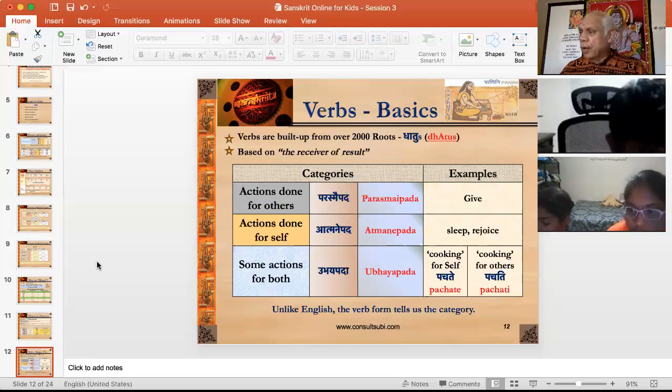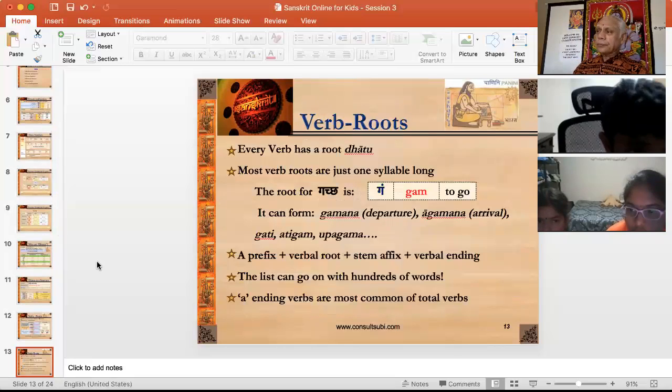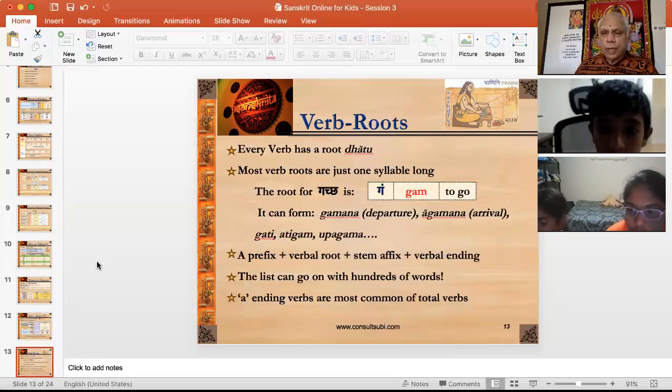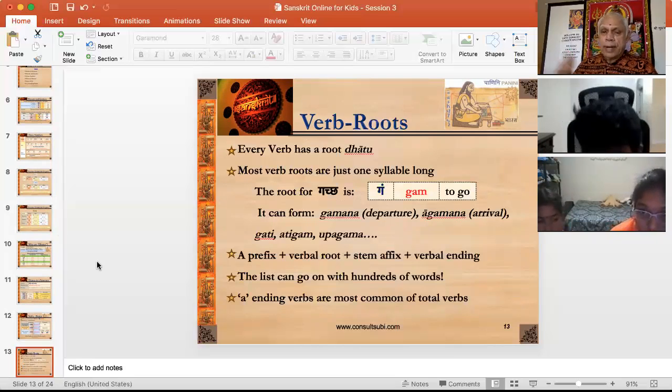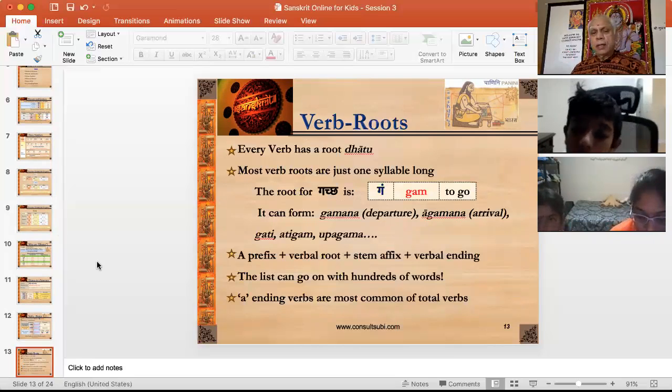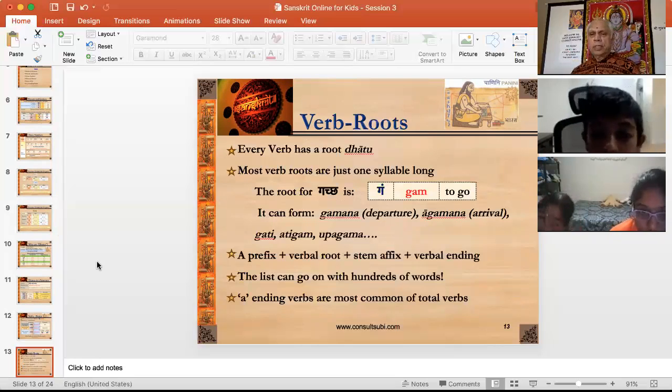Okay. Now let's see what is the next slide. Every verb has a dhatu, a root. And from the root, the different forms are made. Let's say gam is a root. Gam means to go.